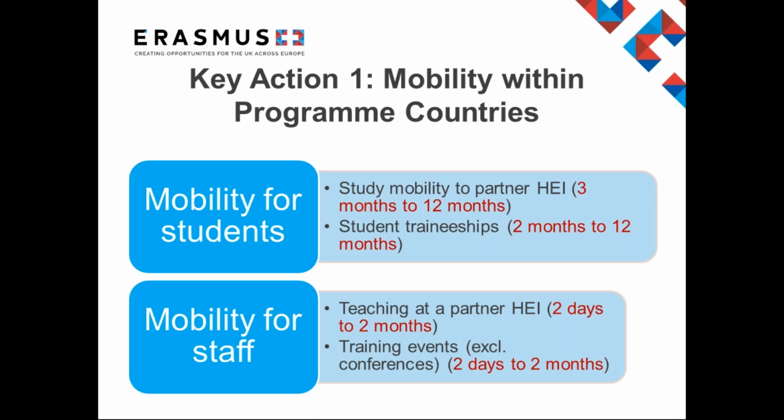And please note that funding cannot be used to send staff members to attend conferences. Only staff members that hold a contract of employment with the organisation receiving funding can apply for Erasmus Plus staff mobility funding. And please note that the durations on screen do exclude travel days.